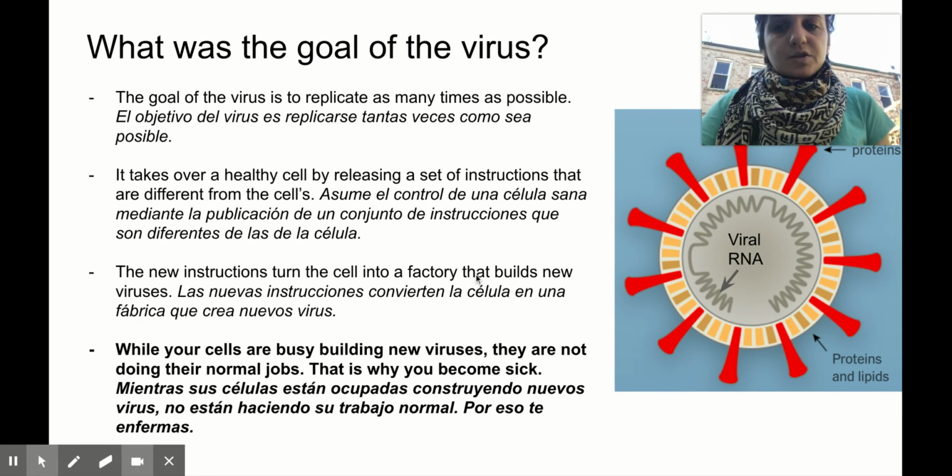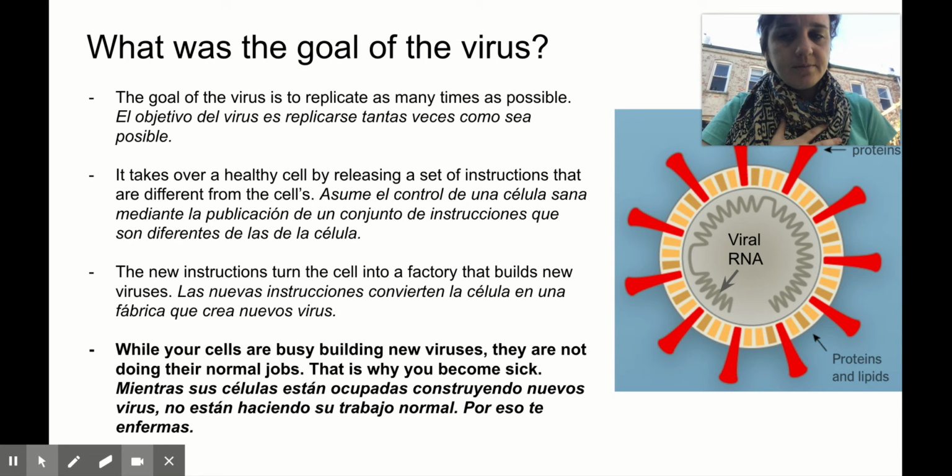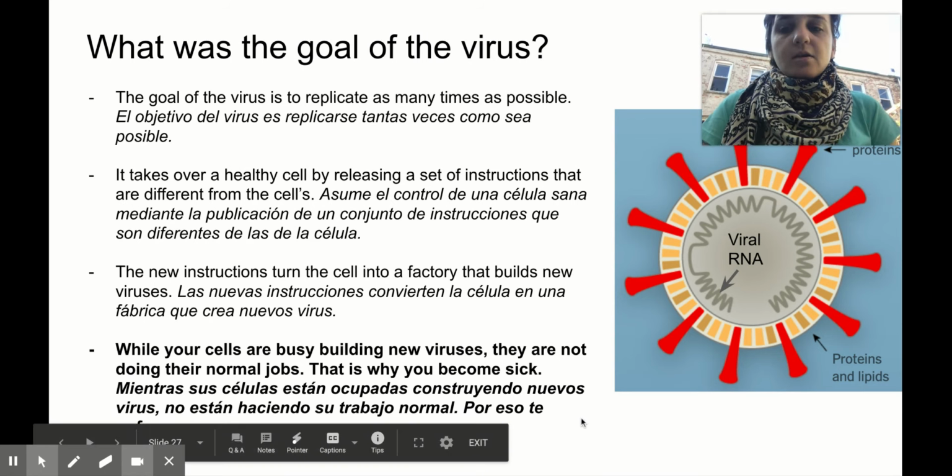How does it do that? It takes over a healthy cell by releasing a set of instructions, the RNA, that are different from your cell's RNA. So the new instructions, this viral RNA, is turning your cell into a factory that builds new viruses. While that cell, your infected cell, is busy building a new virus, it's not doing its normal job, and that's why you feel sick.